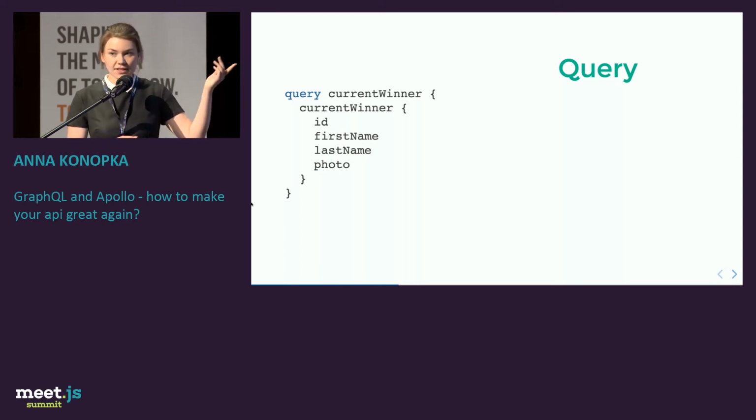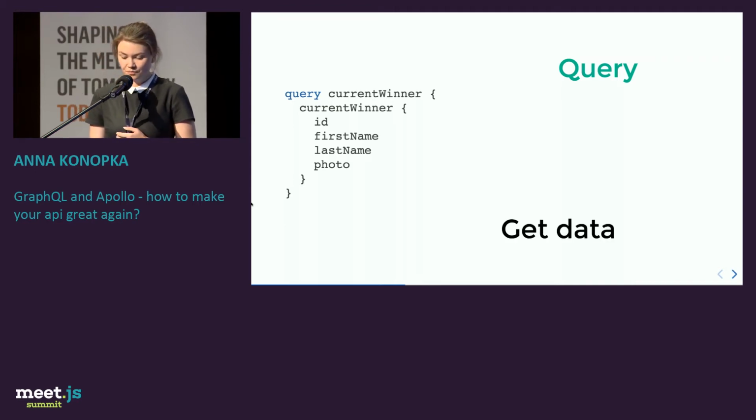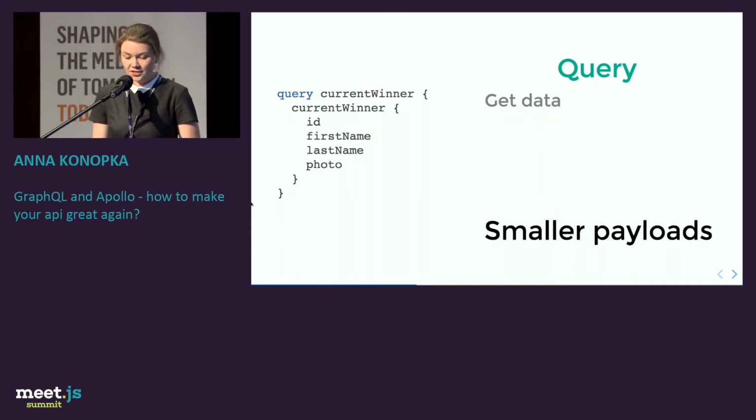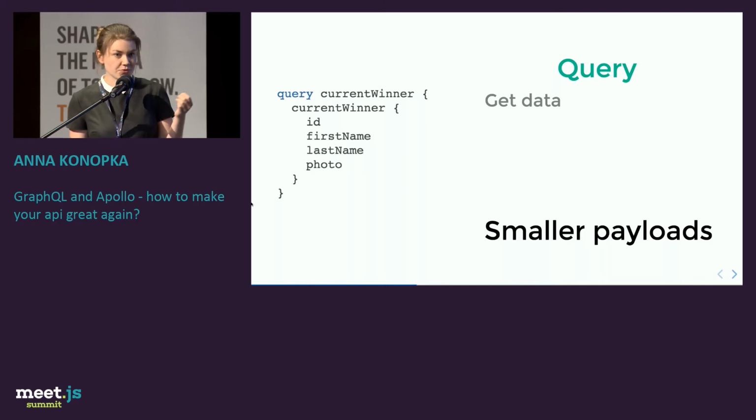So we've already seen this current winner query. And it is our way to get data from a GraphQL backend. What is more important is that it can actually give us the possibility to reduce our payloads. Because probably most of you already realize that in GraphQL you have to explicitly tell what fields you are using.